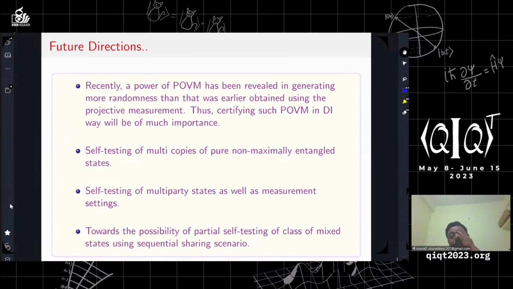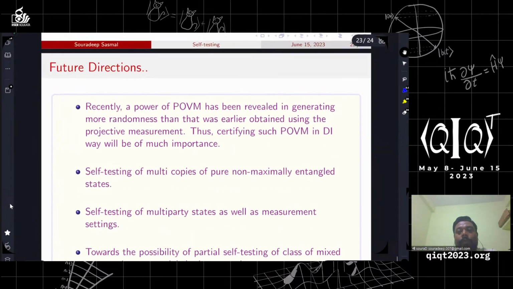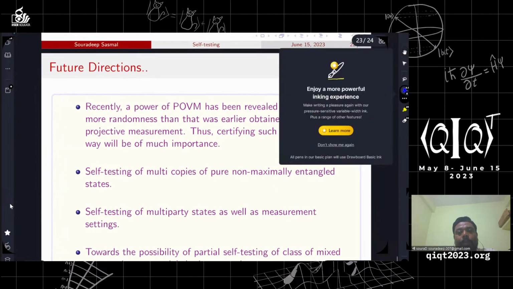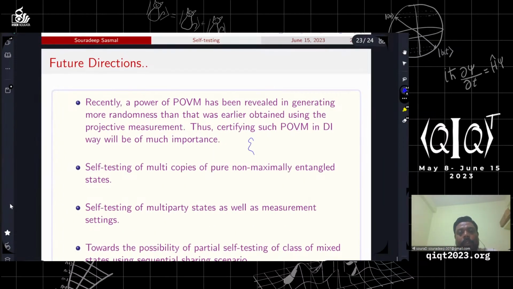Okay, so no, because there are many operators that are not POVM. The definition of POVM is a collection of positive semi-definite operators, let's say A_x is the positive semi-definite operator, so it should satisfy this, and the sum is equal to identity.